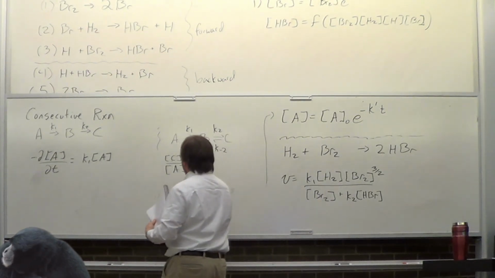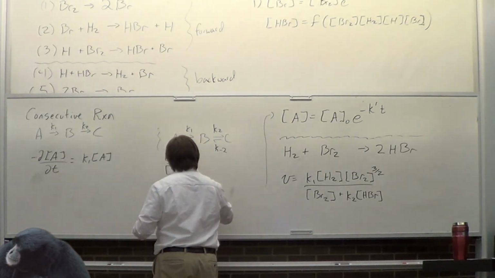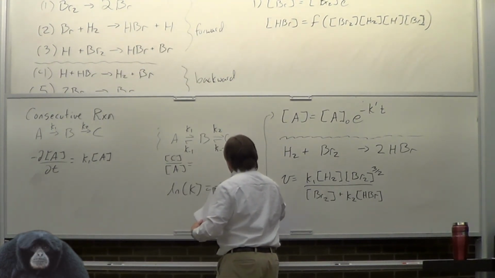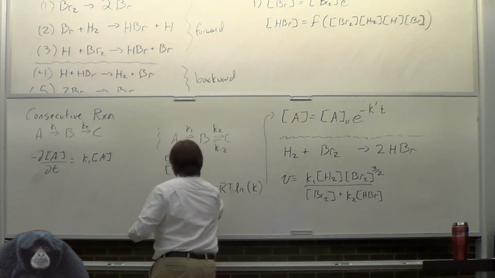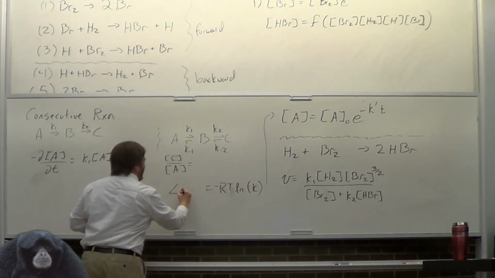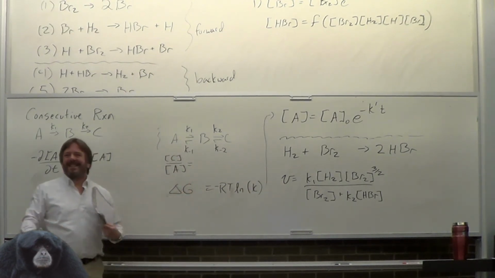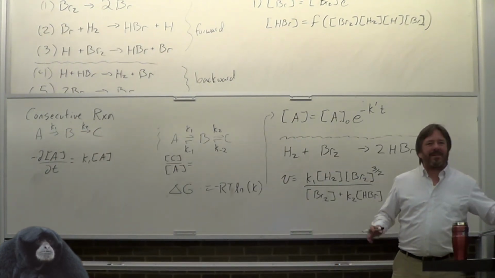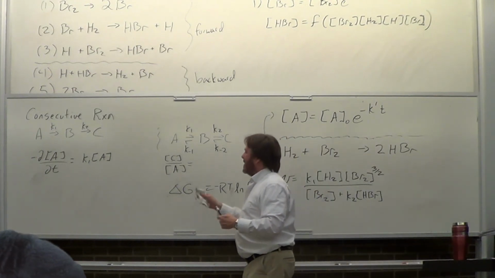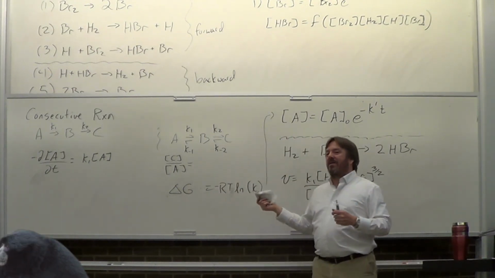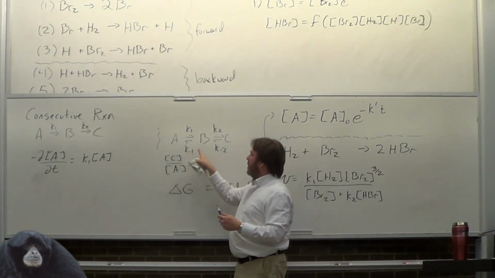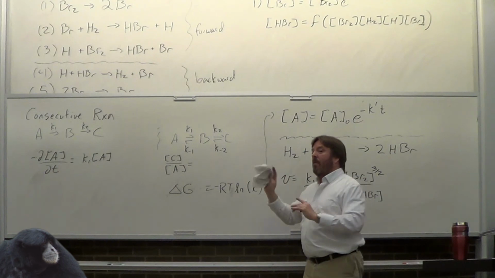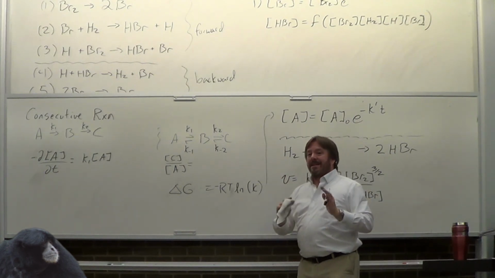Yes, you did. ln K is minus delta G over RT. Remember this? So we have covered this. I'm actually talking about what happens at the beginning of the reaction. At the end of the reaction, I know how to deal with it, and I'm also going to cover equilibrium in this context. But I'm talking about the very beginning, before equilibrium has been set up.